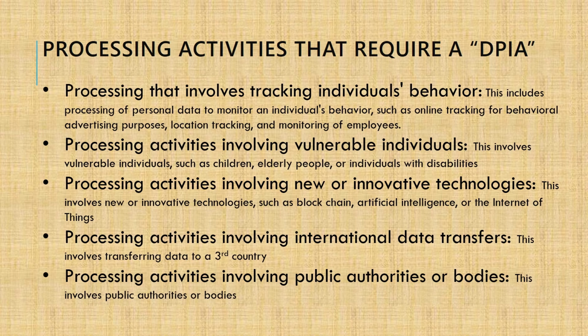All right. It is important to note that these examples are not exhaustive and that organizations should conduct a thorough risk assessment to determine if a DPIA is necessary for any processing activity that may pose a high risk to the rights and freedom of individuals.